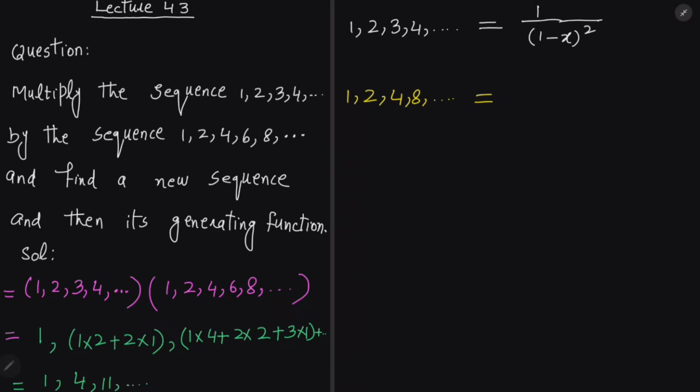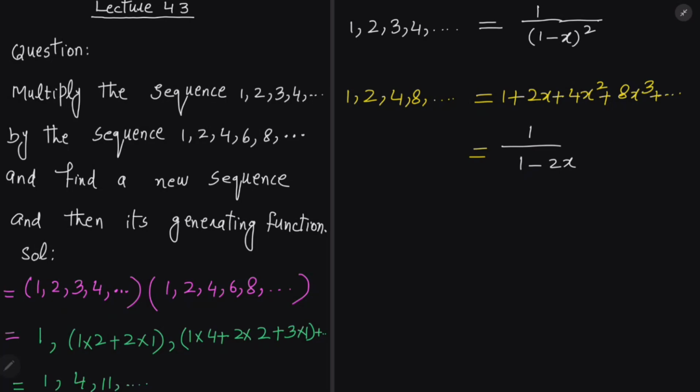If you cannot directly write the answer, simply write it as 1 plus 2x plus 4x squared plus 8x cubed, and so on. And from here, we have 1 over 1 minus 2x as the generating function.